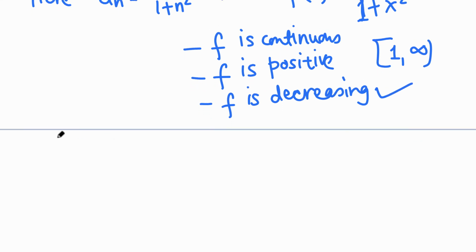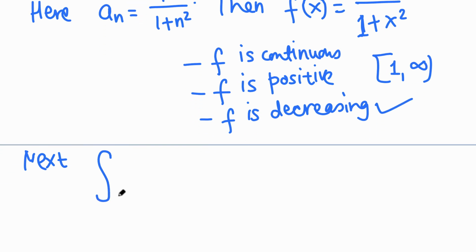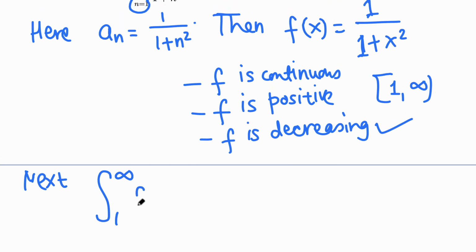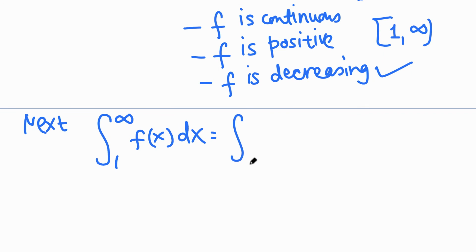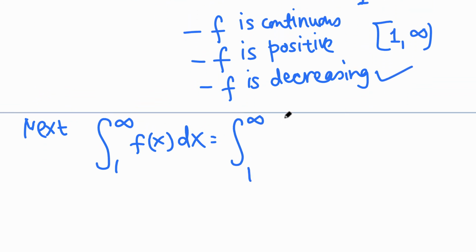Now next, we want to find the definite integral from 1 through infinity, 1, because this is 1 through infinity. So we want to find this improper integral of the function f(x) dx, which is in fact the integral from 1 to infinity of 1 over 1 plus x squared.